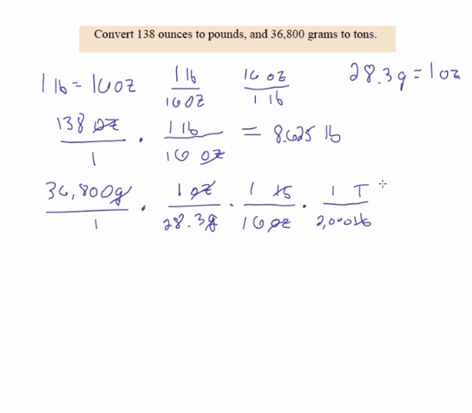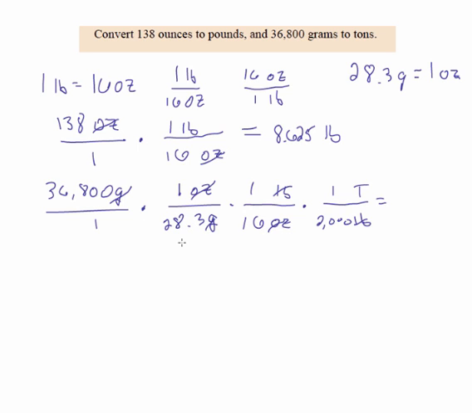Now I'll double check before I do the calculation. Grams and grams divided out, ounces and ounces divided out, pounds and pounds divided out. Whatever this calculation ends up being, I'm going to be left with tons. To do the calculation, I take the 36,800 in the numerator and divide by the product of all the things in the denominator.